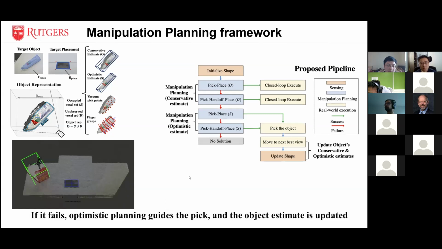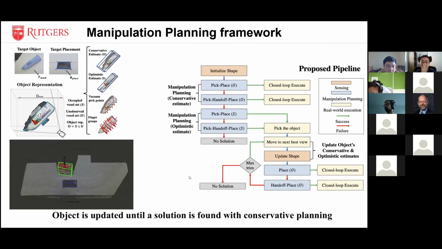In some cases, when the conservative estimate is not able to bring us any solution, the optimistic planning will guide the pick and update the object estimate. For example, in this case, we will update the conservative box outlined in green. Then when the object is updated, at some point, even with the conservative estimate, a solution can be found, and we just execute the plan.